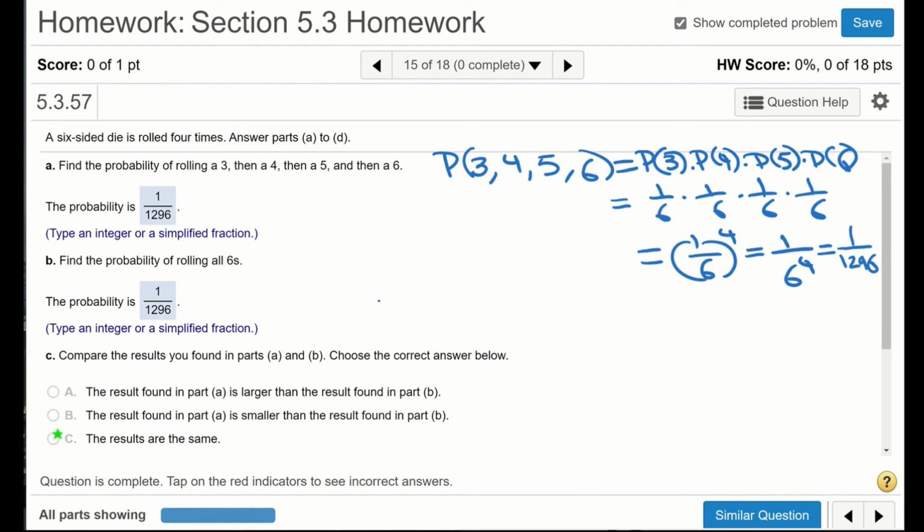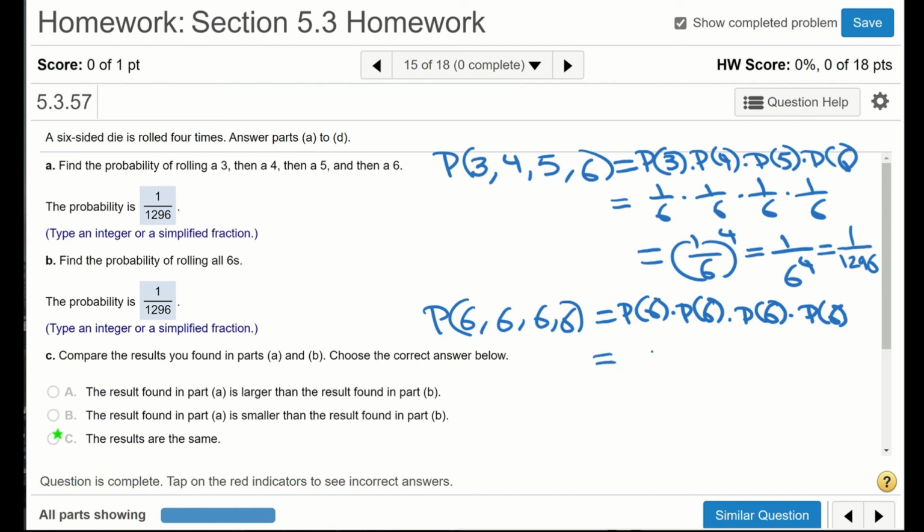All right, so find the probability of rolling all 6s, right? You see where this is going, because it doesn't make any difference what you ask for. As long as there are going to be 4 events in a row, they're all going to have the same probability. So the first 6 times the second 6 times the third 6, times the fourth 6.